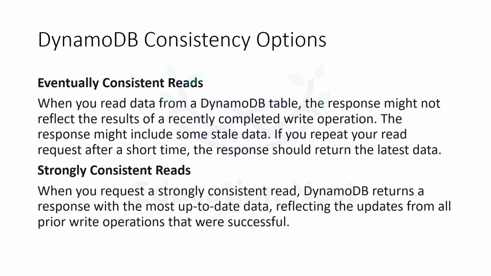Eventual consistency is a consistency model used by DynamoDB to provide high availability and scalability while minimizing the latency and the cost. So eventual consistency, as the name suggests, means your table would reach a consistent state, but after some time. Eventually it will. So this will reduce the cost.